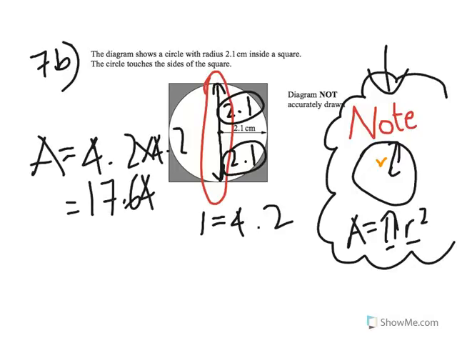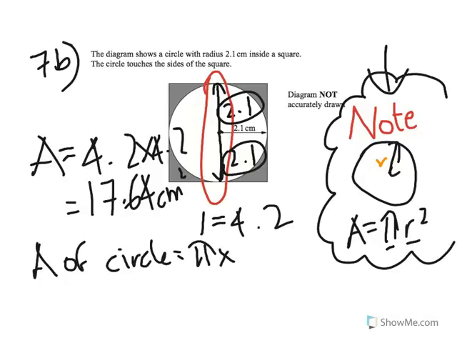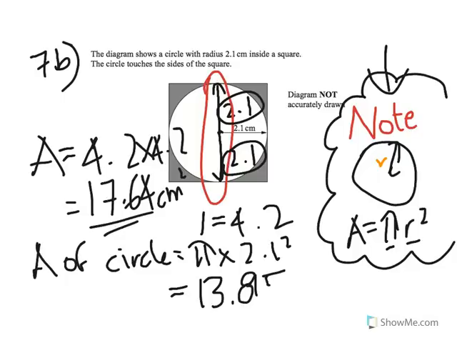17.64 centimeter squared. And the area of the circle is nothing but pi times r squared, and r is 2.1, so pi times 2.1 squared, and that is nothing but 13.9, and I'll round this to 4 significant figures to match this, so 13.85.